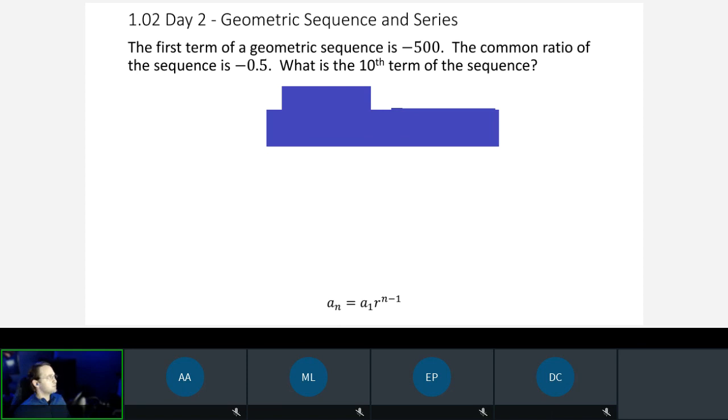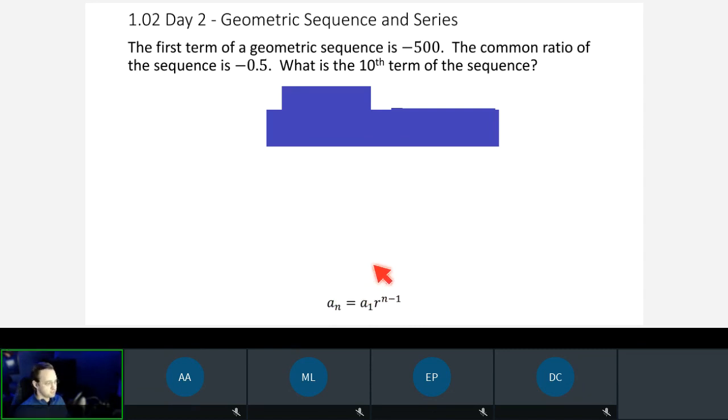Okay, the first term of a geometric sequence is -500. The common ratio of the sequence is -0.5. What is the 10th term of the sequence? Well, I give you common ratio, and I tell you it's geometric. So we want to know the 10th term, and we want to use this formula right here. This is the particular term formula.